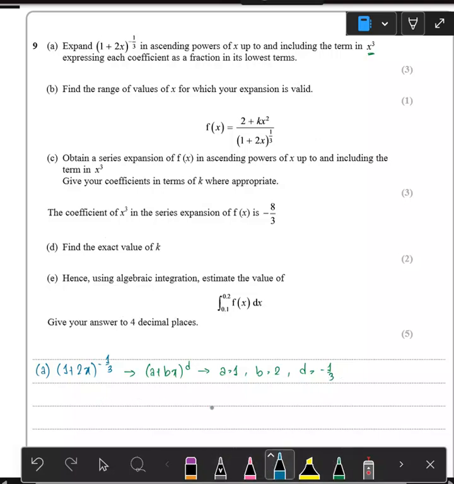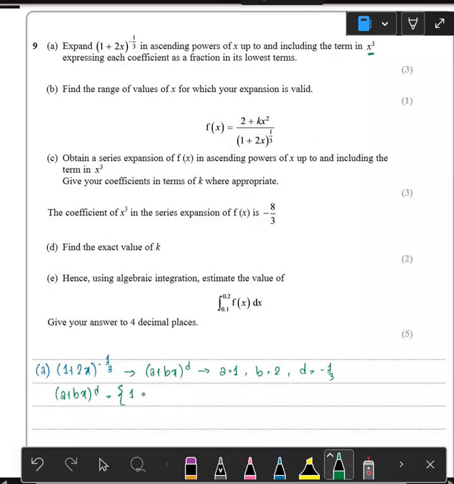And when a is equal to 1, the expression would be expanded in this way. So a plus bx to the power d will be expanded in this way.